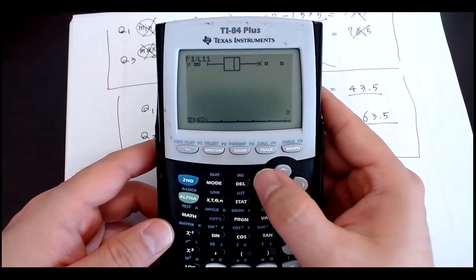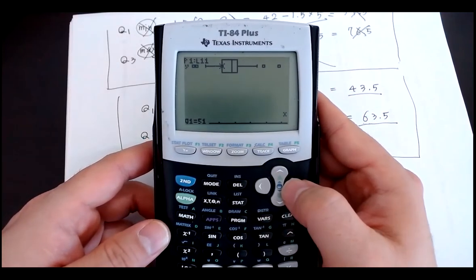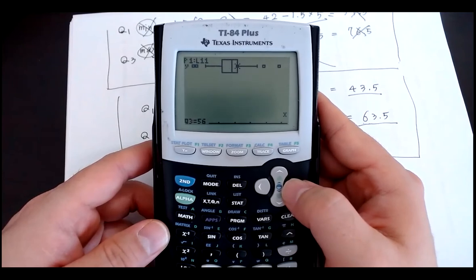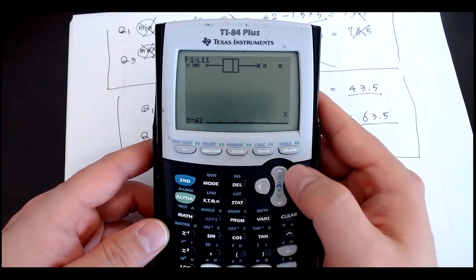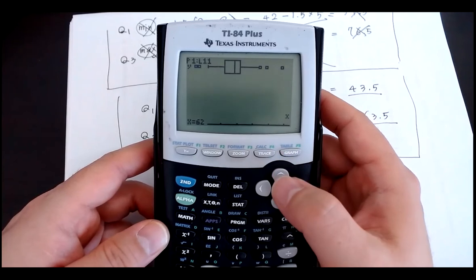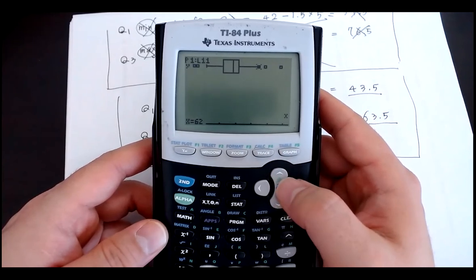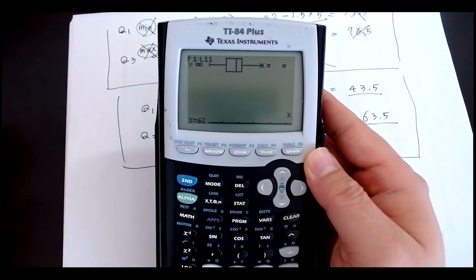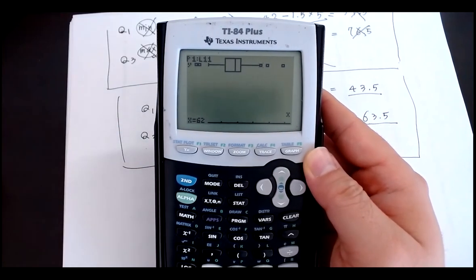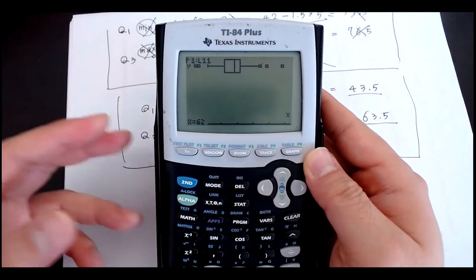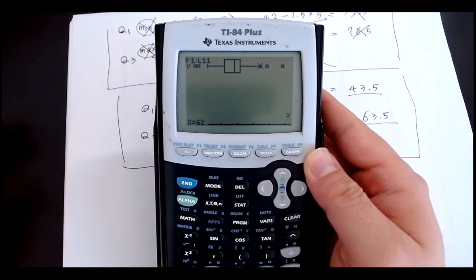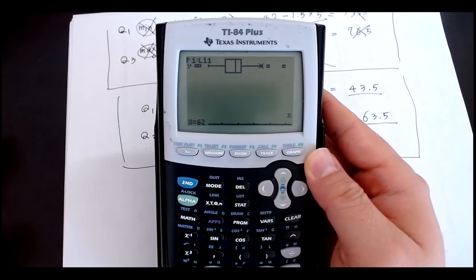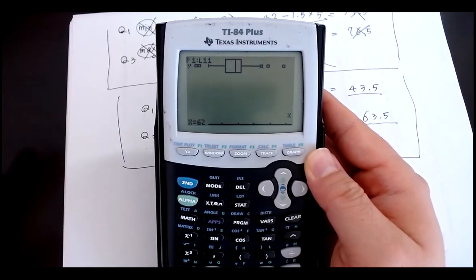And then this is the Q1, 51, this is Q2, Q3, and then you see 62. That 62 is not the maximum value overall. It's different from the regular box plot. 62 is the maximum value within the range of Q1 minus 1.5 IQR and Q3 plus 1.5 times IQR.